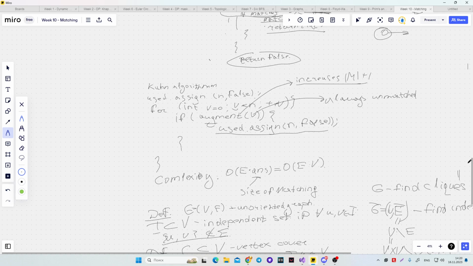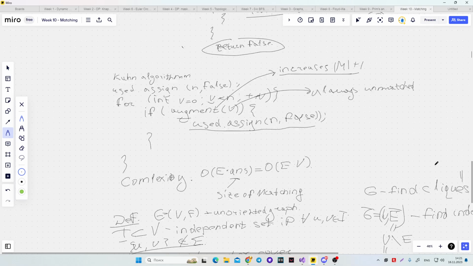That this works if we launch our augmenting alternation function, that we get the maximum matching.